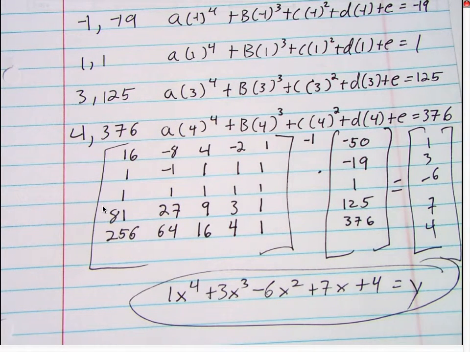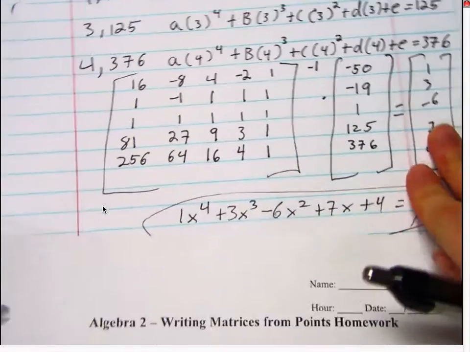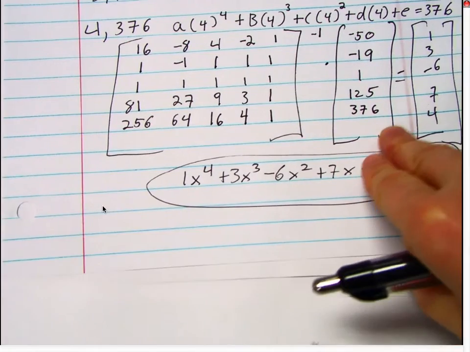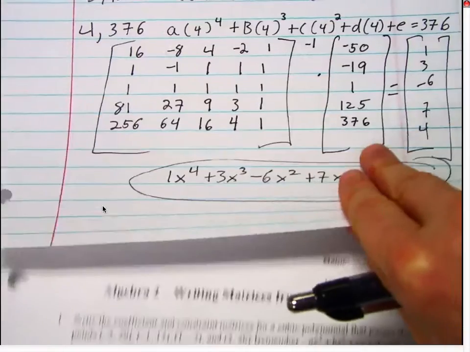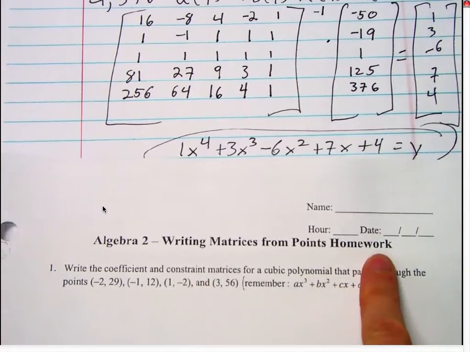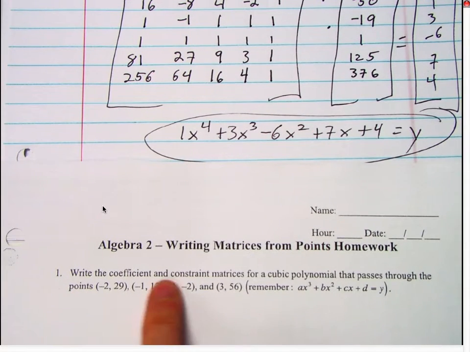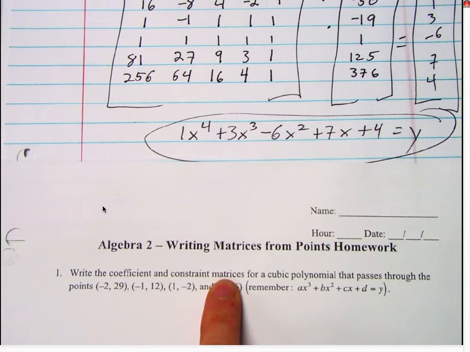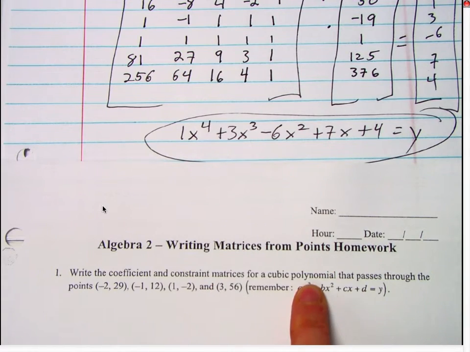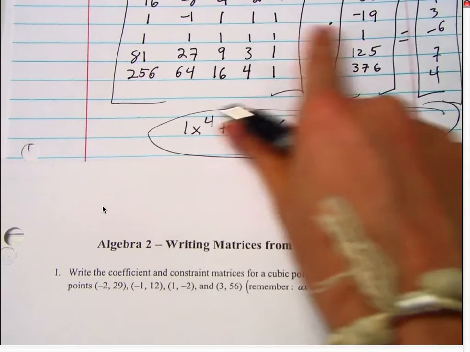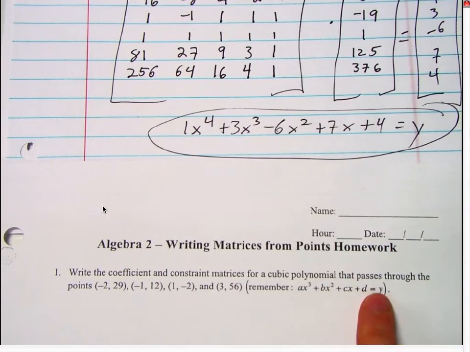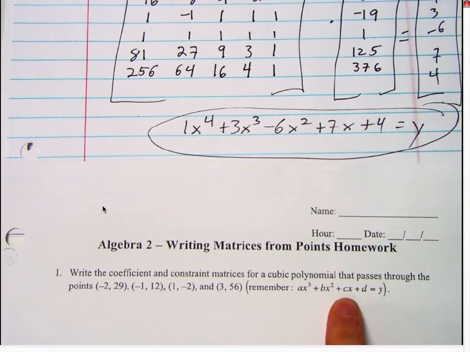Okay. Your homework for tonight is writing matrices from points homework. You're going to write the coefficient and constraint matrices for a cubic polynomial like this that passes through these points.